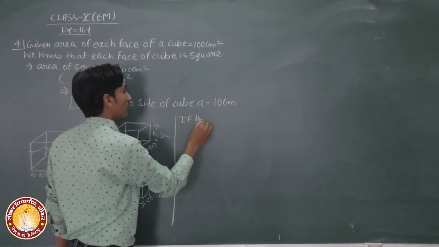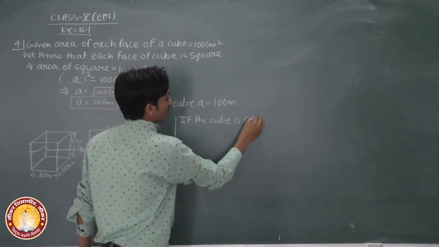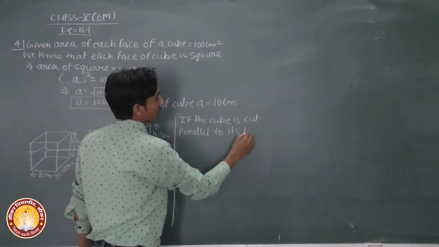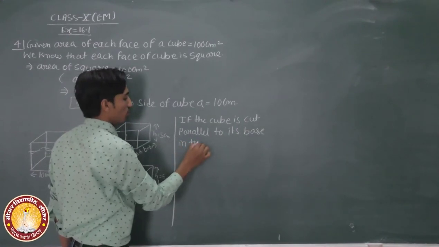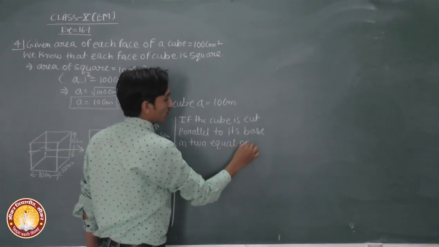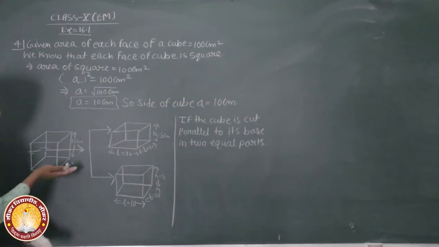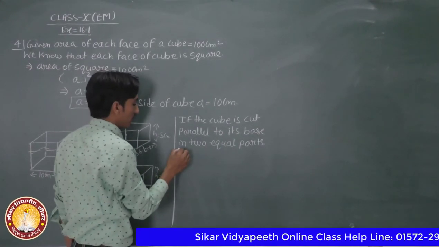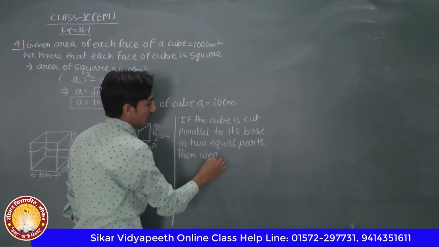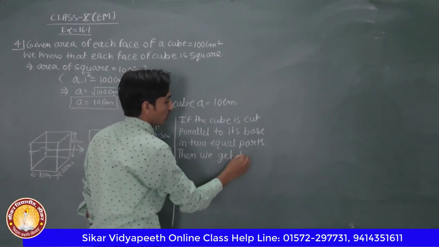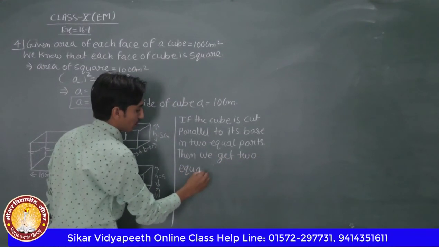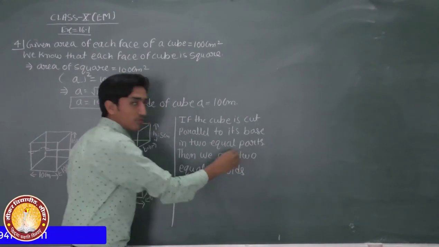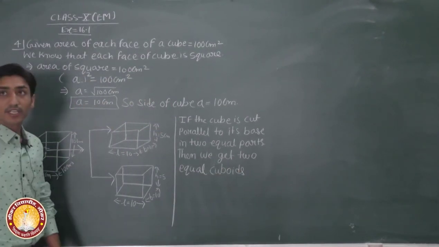If the cube is cut parallel to its base in two equal parts, then we get two equal cuboids.